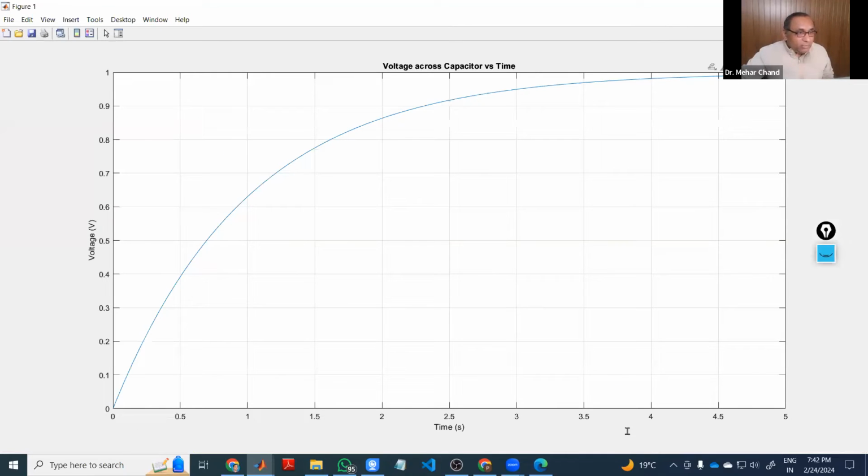On the horizontal line you can see the time, and on the vertical line we have voltage. You can see from 0 to 5. At 5 the maximum voltage is about 1, and at 0 we have 0. So this is the solution of this equation.